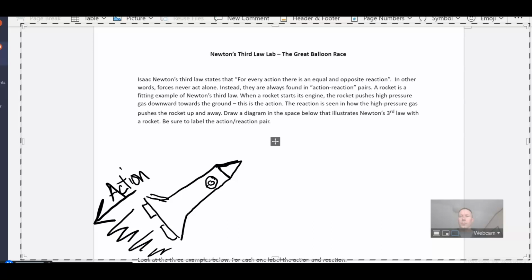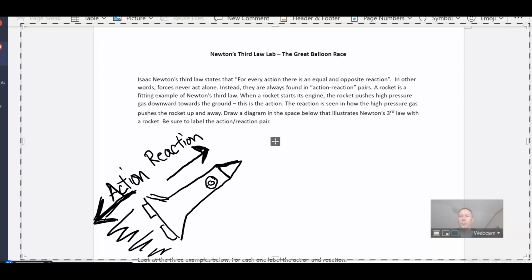That's the first thing that happens. Now, in response to that, the rocket ship moves in the opposite direction. So the action is the rocket pushes out the gas, and the reaction is that the gas pushes the rocket. Action, reaction.